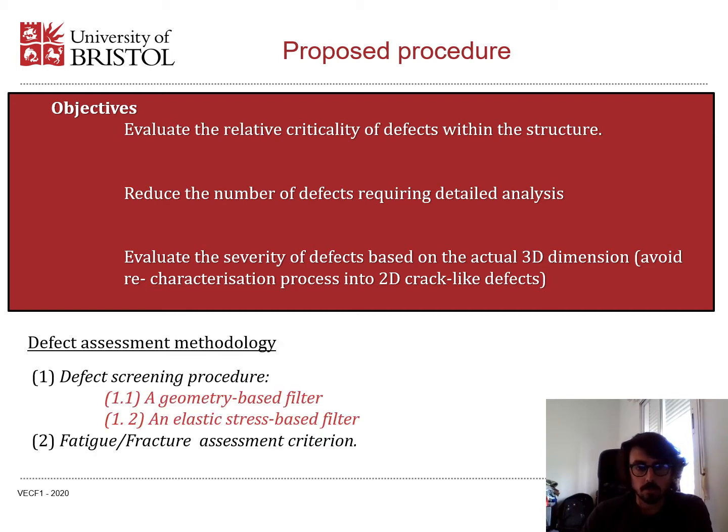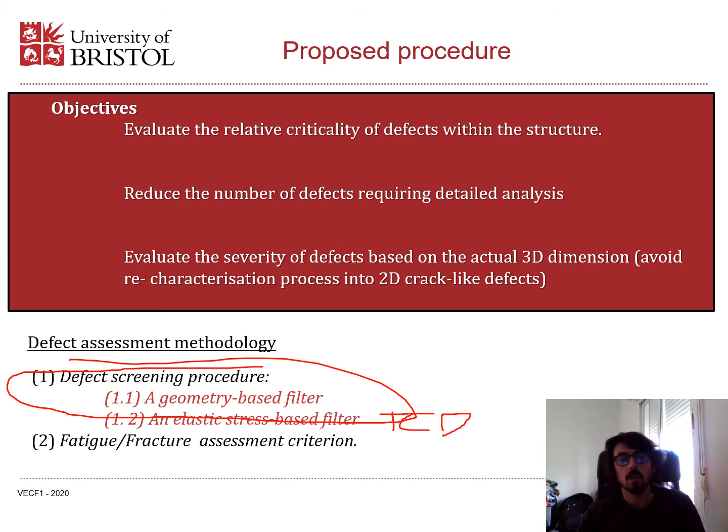We're going to present here a two-step defect screening procedure, formed by a geometry-based filter and an elastic stress-based filter. This stress-based filter is based on the theory of critical distances, and that's what we will be discussing today.